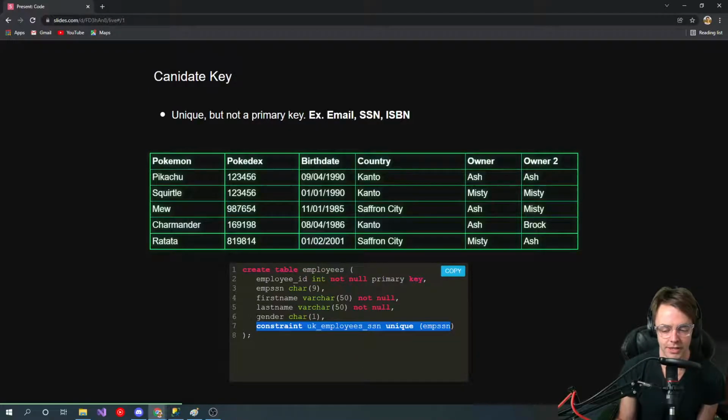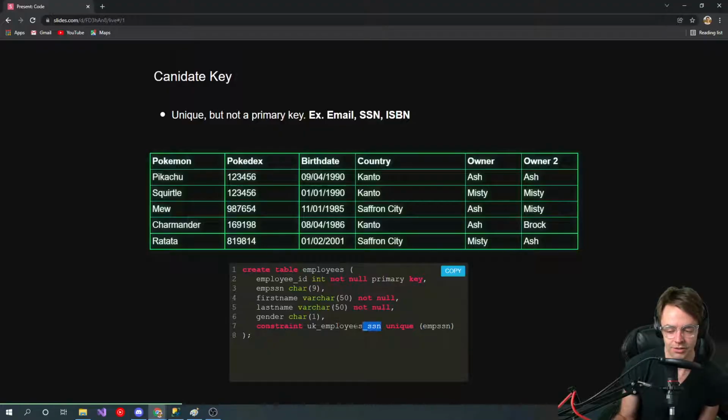The way that you declare a candidate key in a table is you give it the unique constraint right here. You would type in the keyword constraint, give it the name, give it a unique constraint, and then put your database column name in here.